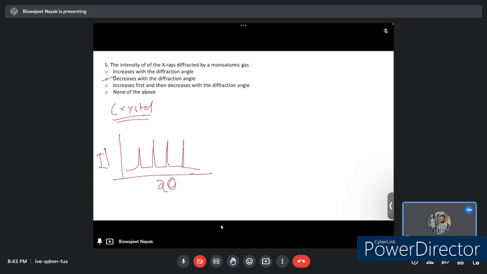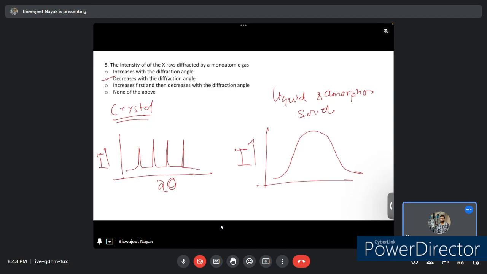And for liquids or amorphous solids, we get a broad peak when we plot diffraction angle with intensity, and this broad peak shows a statistical preference for a particular interatomic distance.